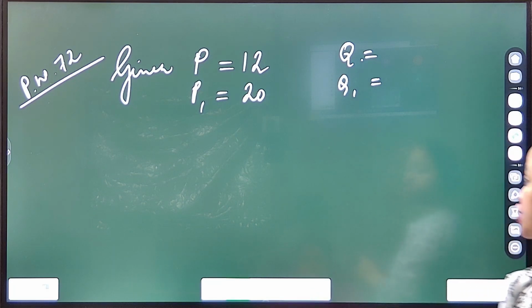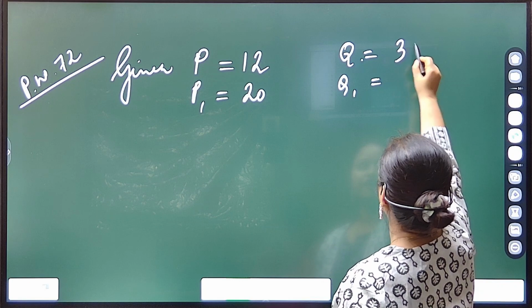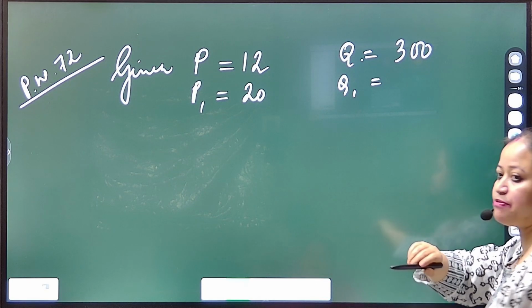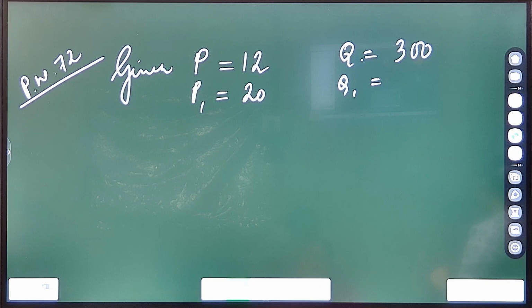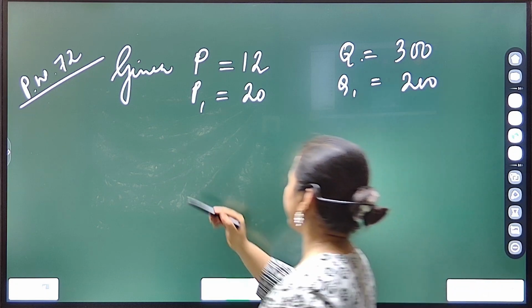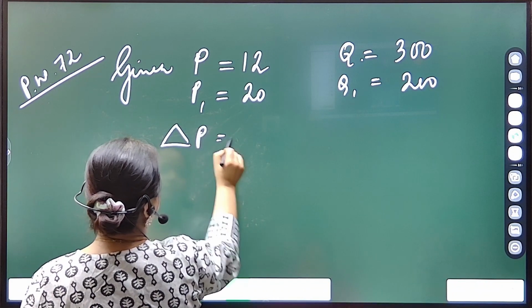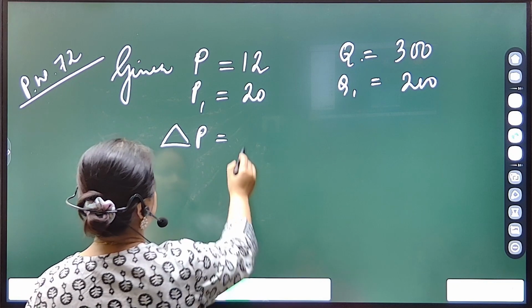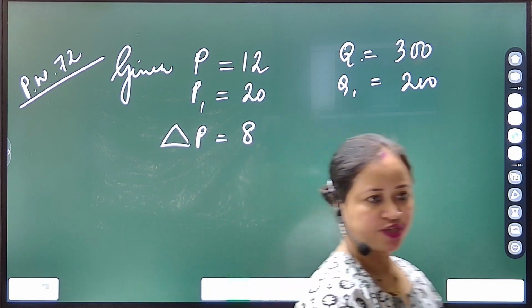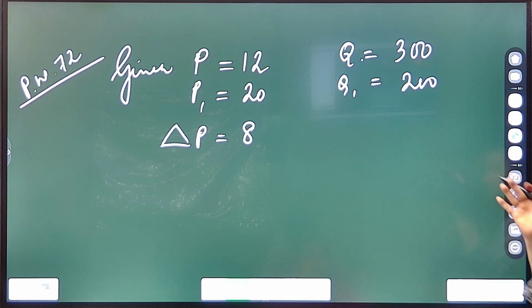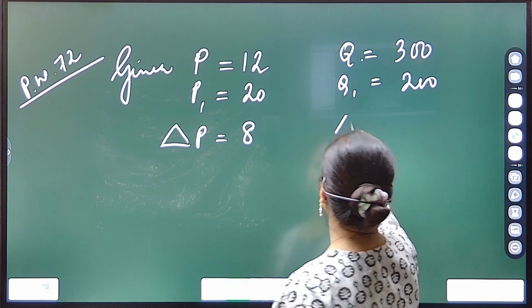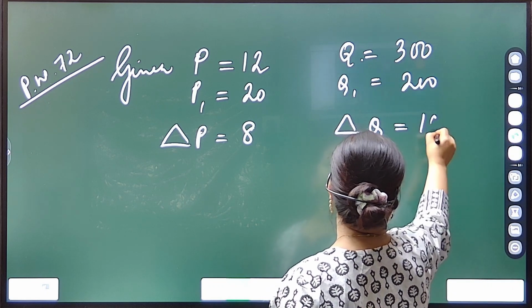When price was 12, your demand is 300. And when price has increased to 20, your demand has decreased to 200. Fine. Then here, what is the change in price? 8. So it was 12, now it has become 20, so change in price is 8. And change in quantity is 100.